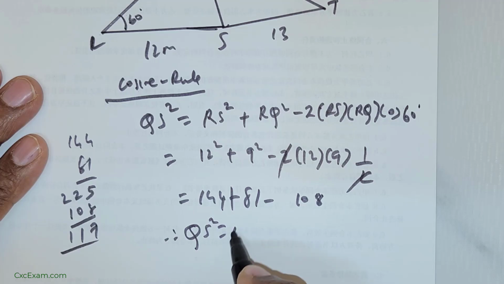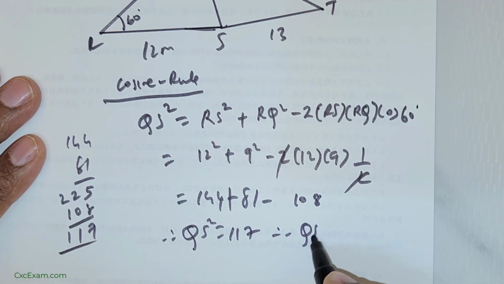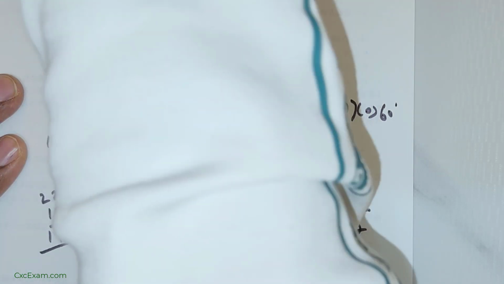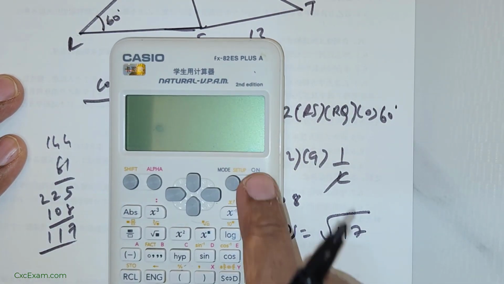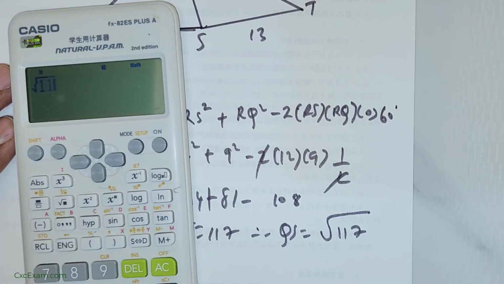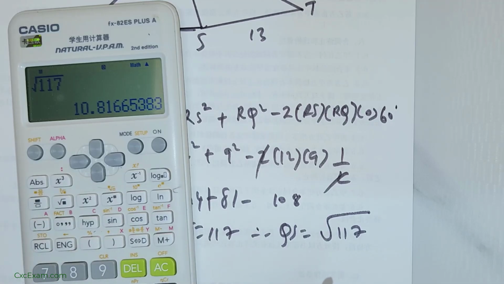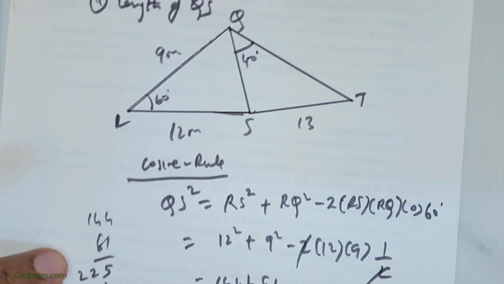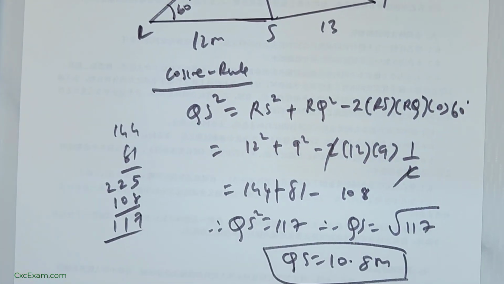So QS squared is equal to 117, therefore QS is equal to root of 117. So find the value, square root of 117, 10.8. QS is 10.8 m. Okay, so that's the solution for the first part.